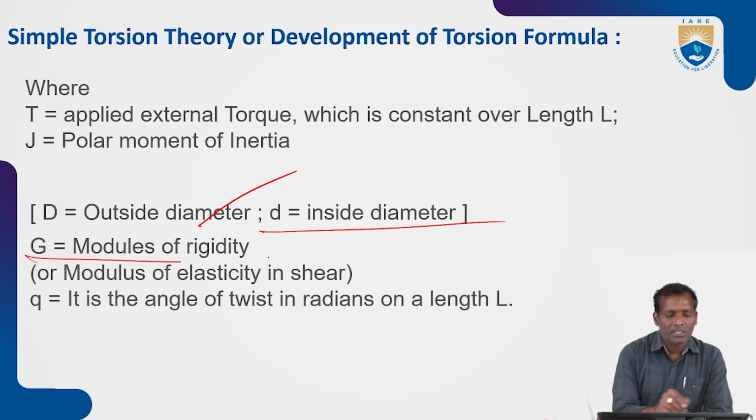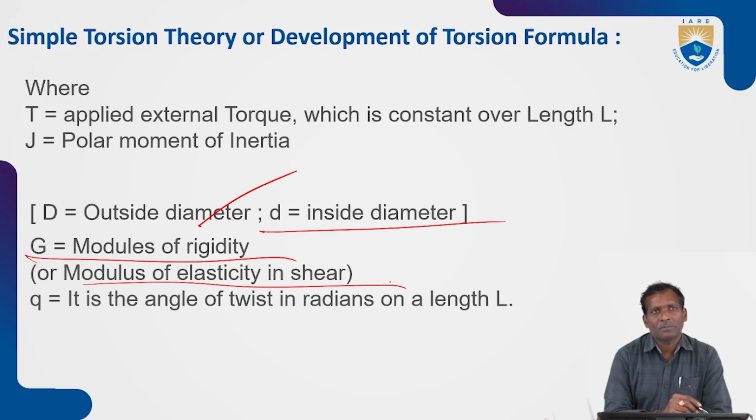Capital G is the modulus of rigidity, or modulus of elasticity in shear.